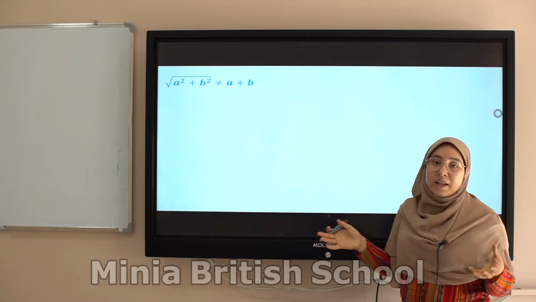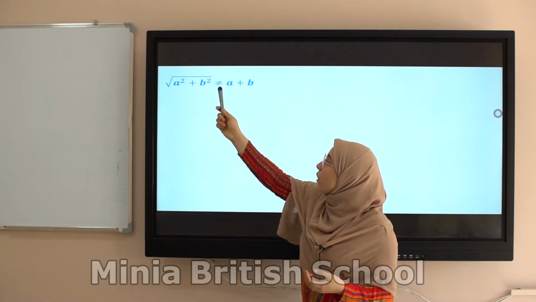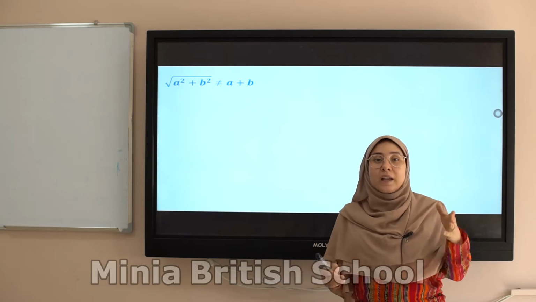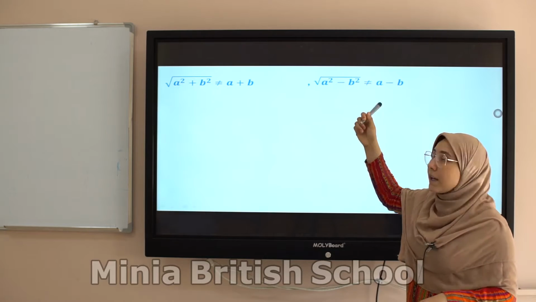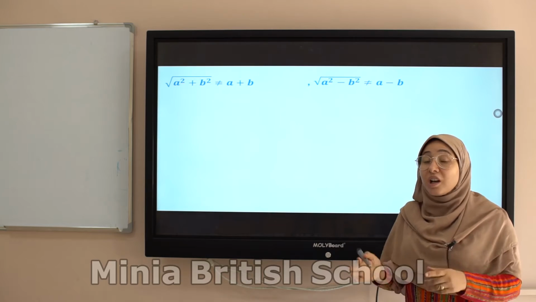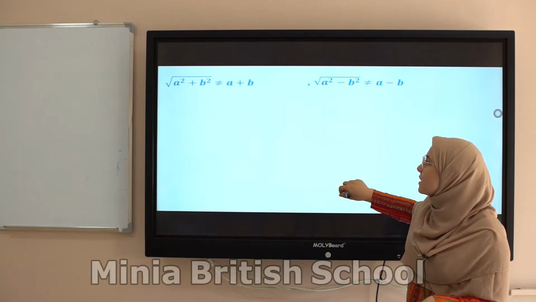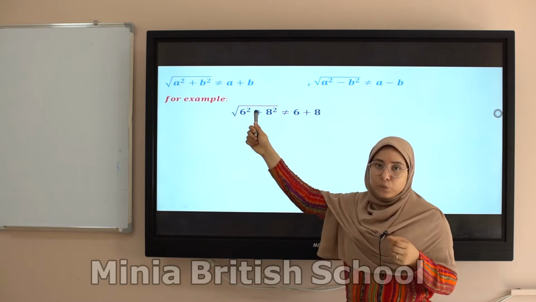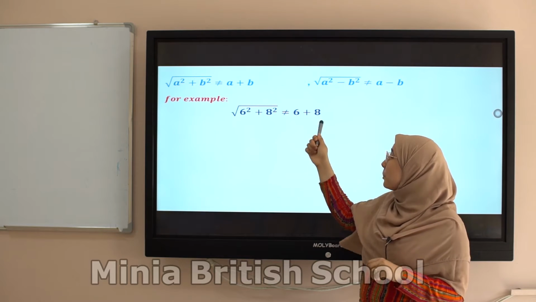Now, the next property: the square root of A power 2 plus B power 2 is not equal to A plus B. Also, the root of A squared minus B squared is not equal to A minus B. For example, to understand this property, the square root of 6 squared plus 8 squared does not equal 6 plus 8.